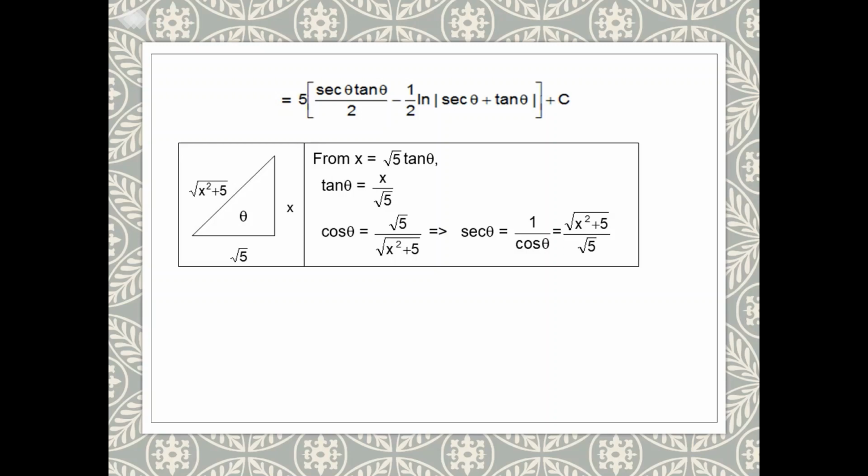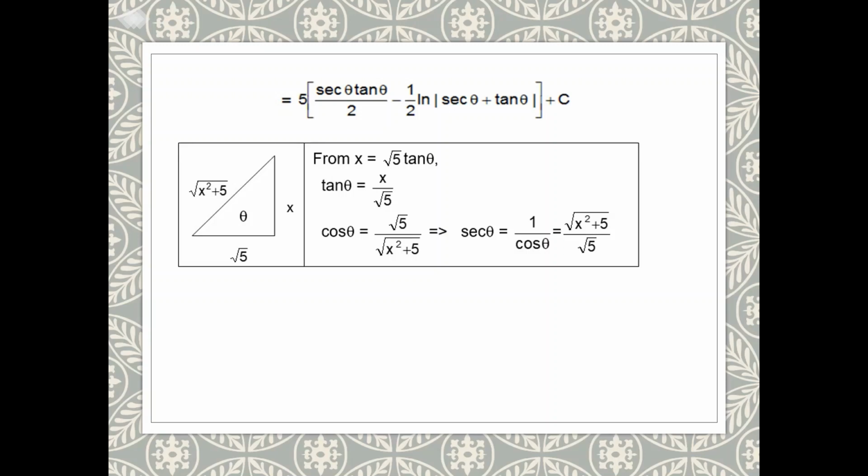From the Pythagoras theorem, adjacent squared plus opposite squared is equal to hypotenuse squared, or a squared plus b squared equal to c squared. Therefore, the hypotenuse for this triangle is given by square root of x squared plus 5.